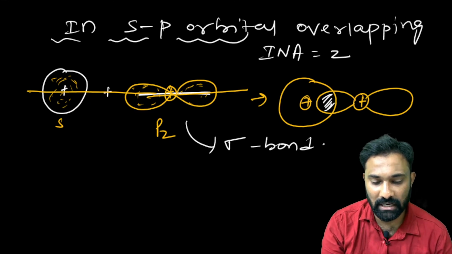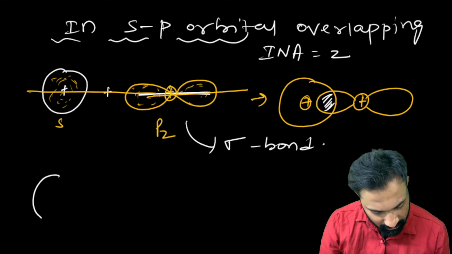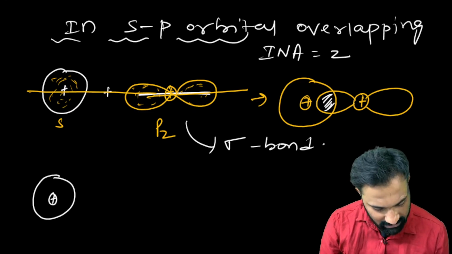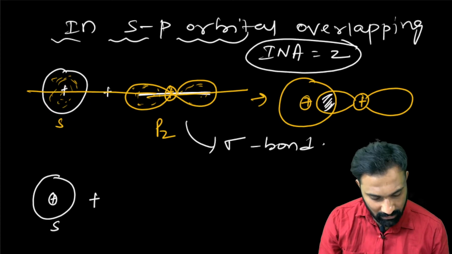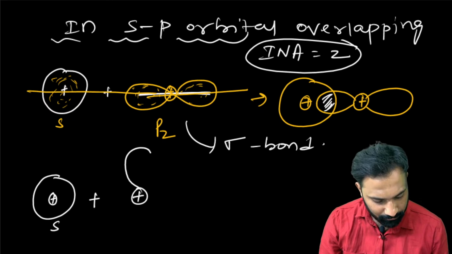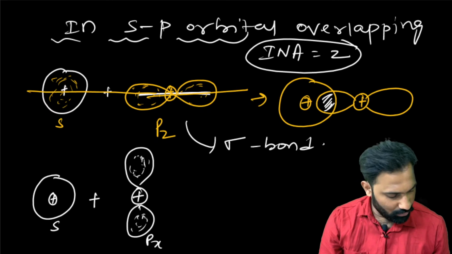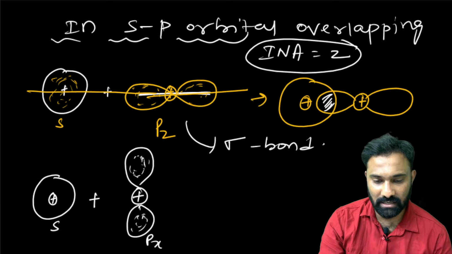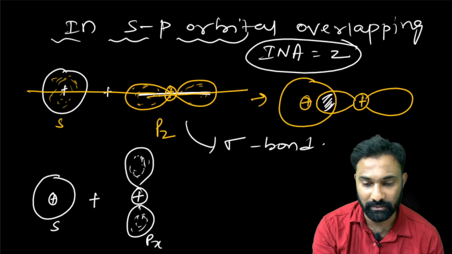In this manner, the orbitals will be overlapped. Next, in the same way, suppose that instead of taking the internuclear axis as Z, I take the PX orbital. Now we'll see whether the orbitals will give a bond or not.